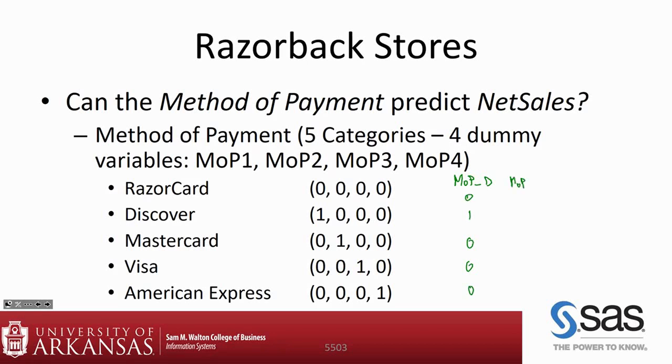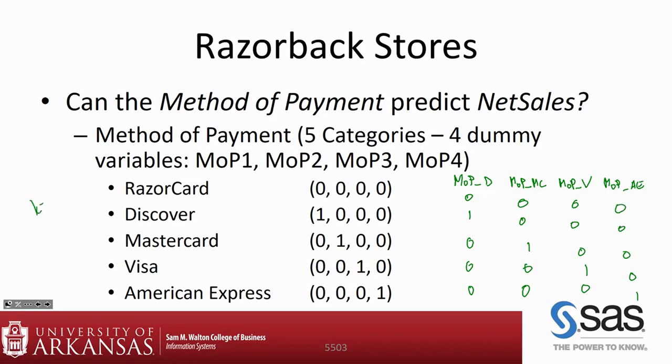And then I have method of payment MasterCard. MasterCard gets a 1, and everything else gets a 0. And method of payment Visa, and Visa gets a 1, and everything else gets a 0. Method of payment American Express, and American Express gets a 1, and everything else gets a 0.